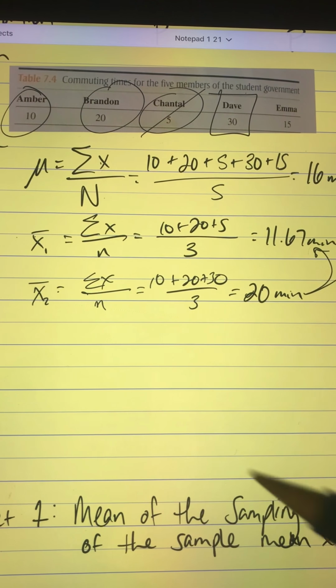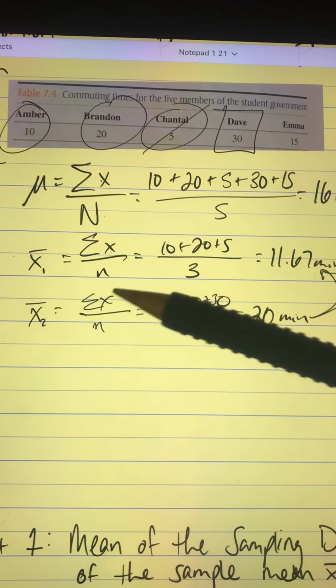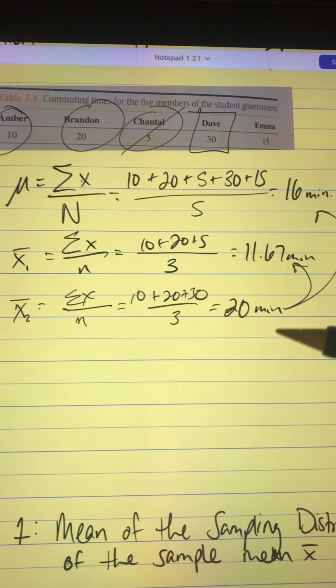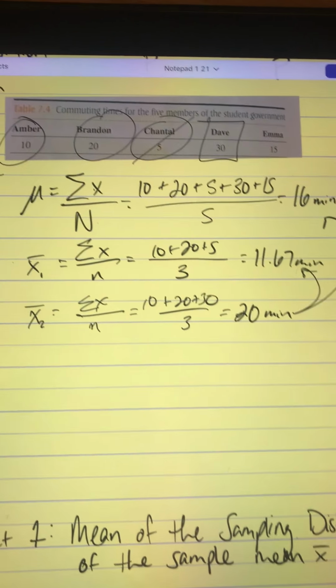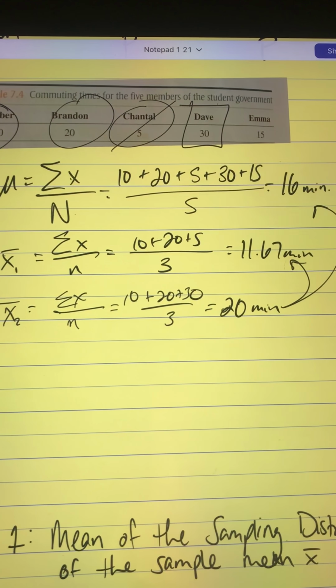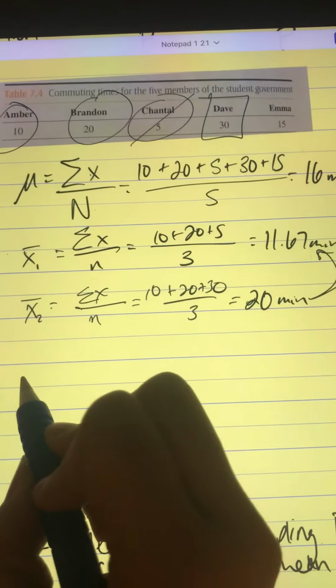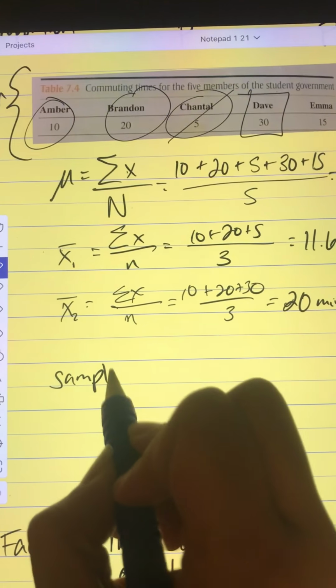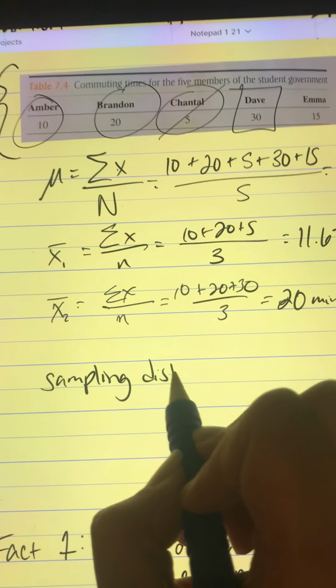Okay, so what we're going to see is that we can take so many different combinations just within these 5 people and get different averages, different means. So we're going to take that and make a distribution out of them. That is what our sampling distribution is.